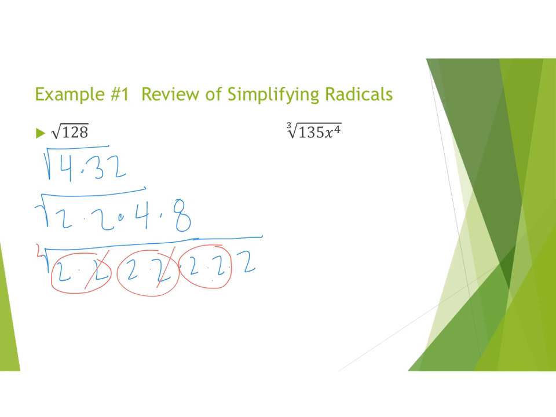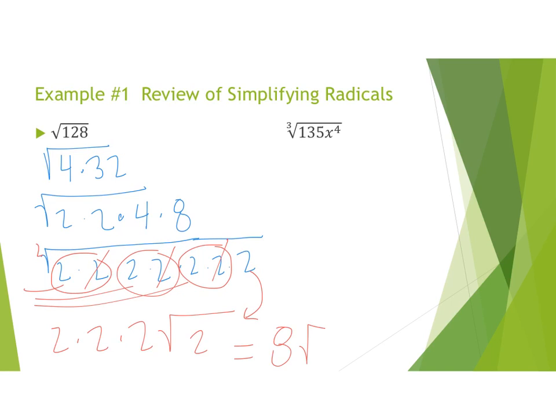Out of those pairs, one 2 will come out, leaving us with 2 times 2 times 2 outside of the radical, and then we had this 2 still inside the radical. We can multiply everything on the outside to give us 8 square root 2.